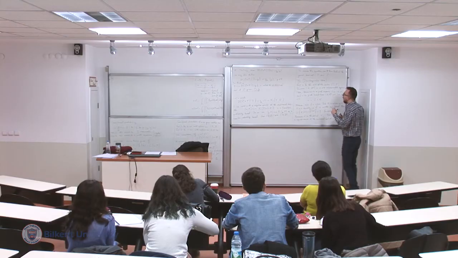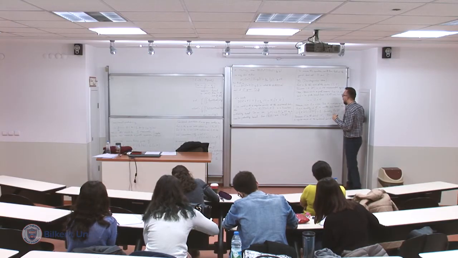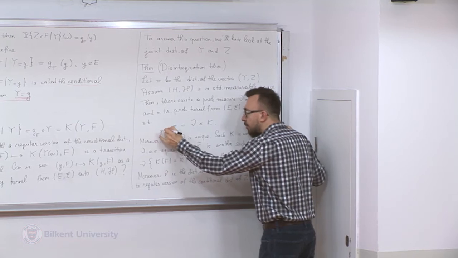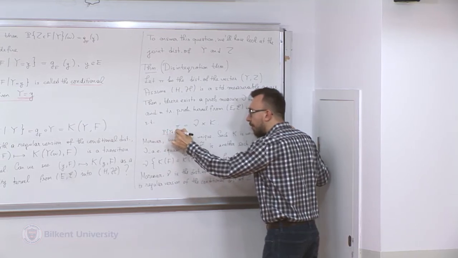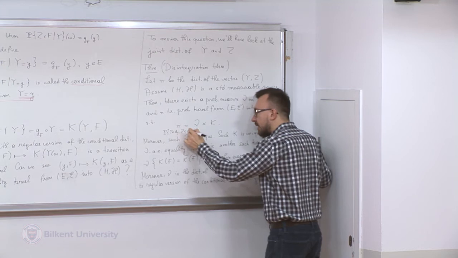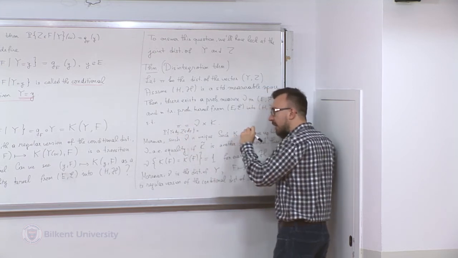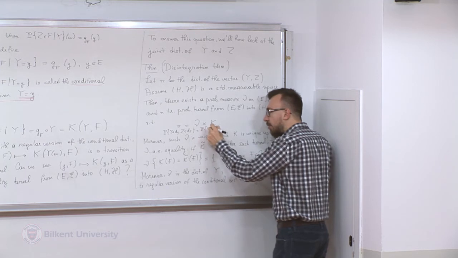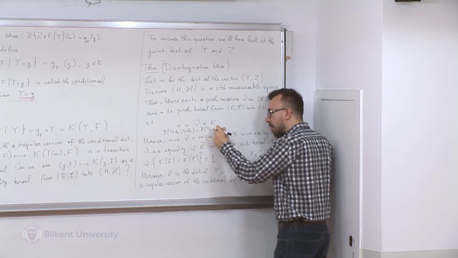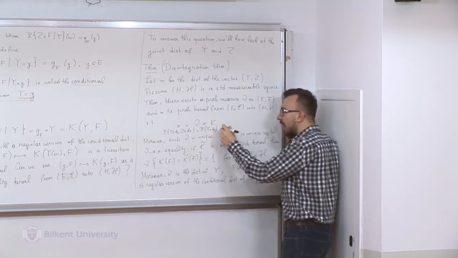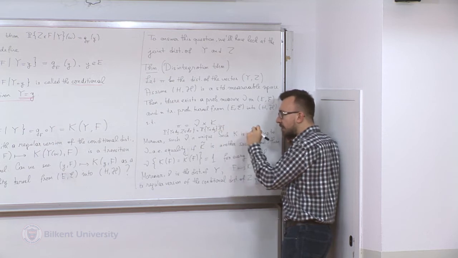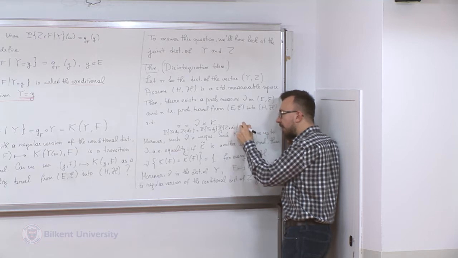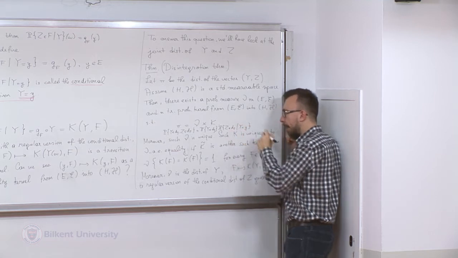So the theorem says that we can write the joint distribution of y and z as the product of the distribution of y times the conditional distribution of z given y equals y.